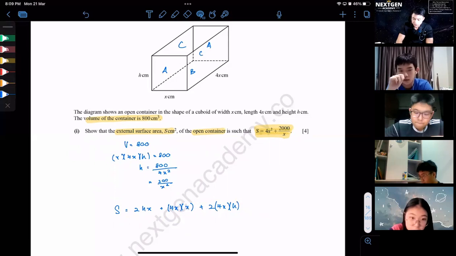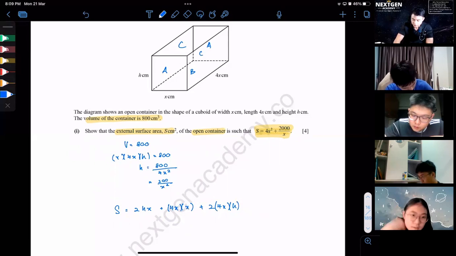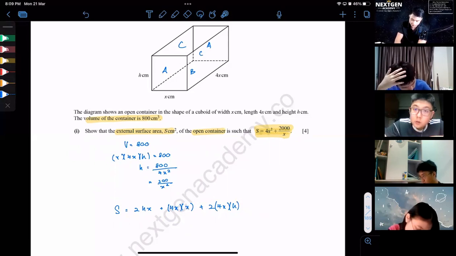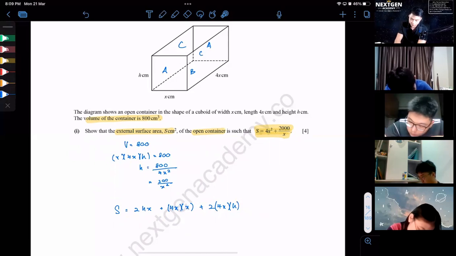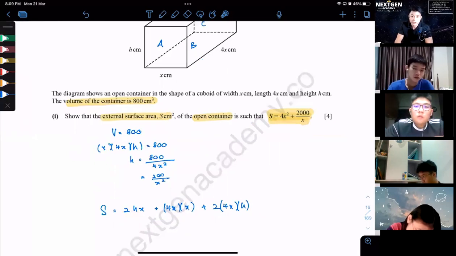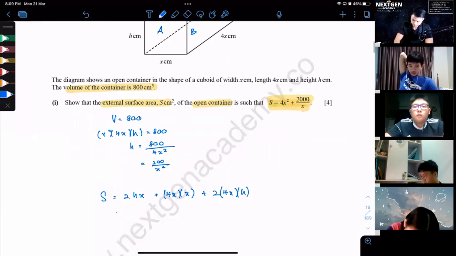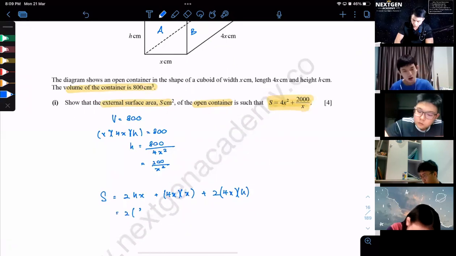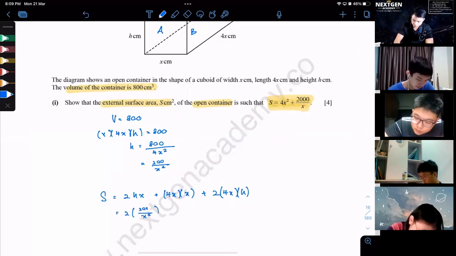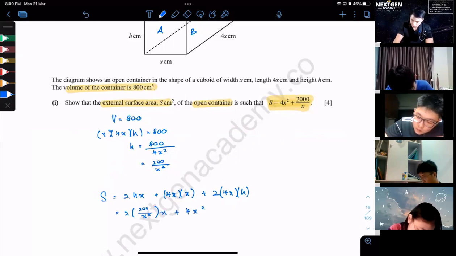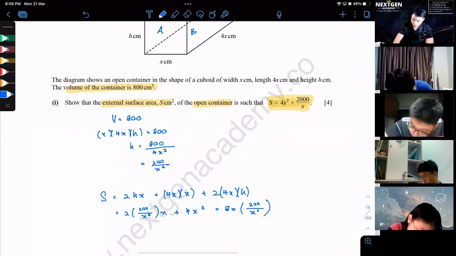So this one I can leave it as XH or HX also, because both over here and here will be HX. So I can substitute off HX also. But it's actually the same thing. So 200 over x squared, x plus 4x squared plus 8x, 200 over x squared.